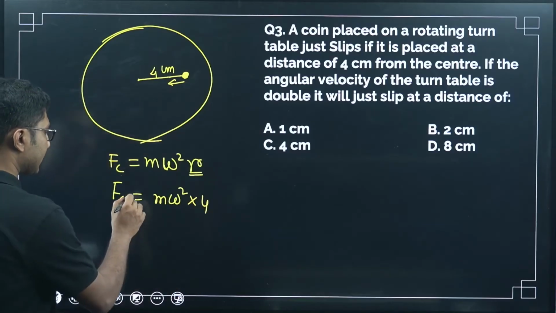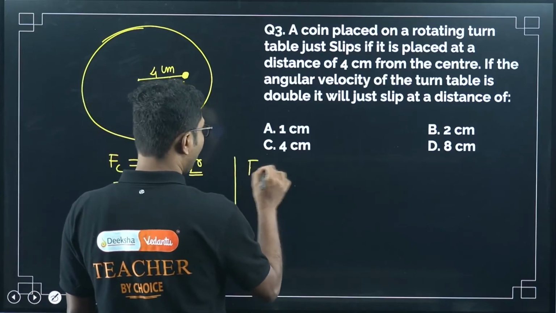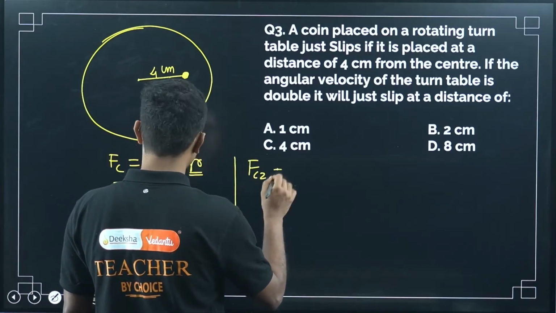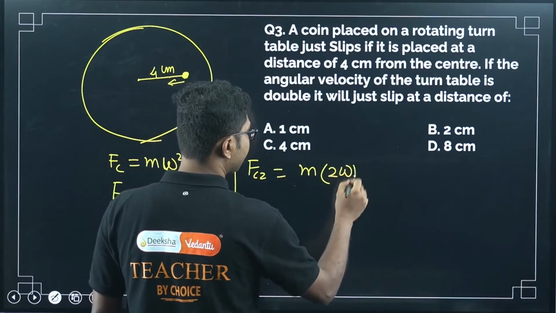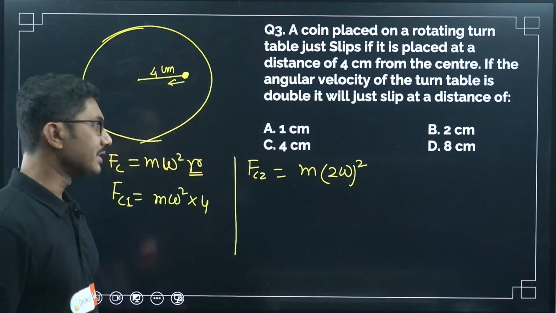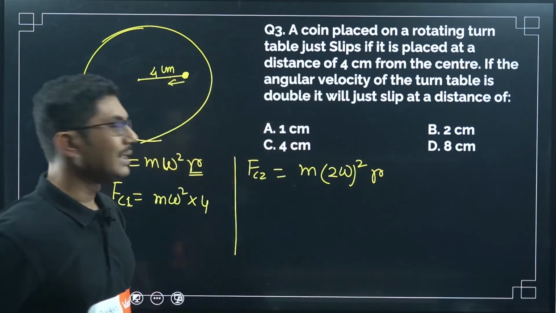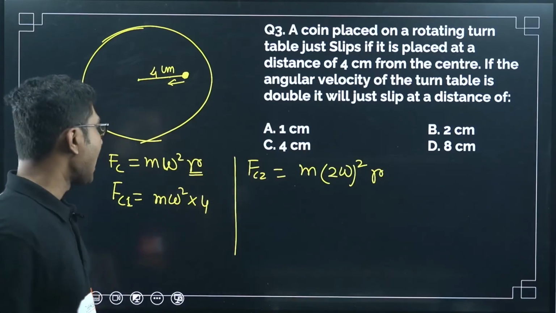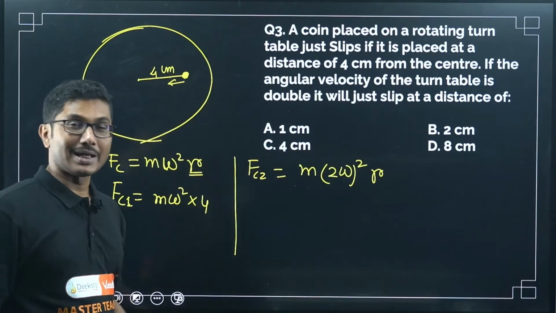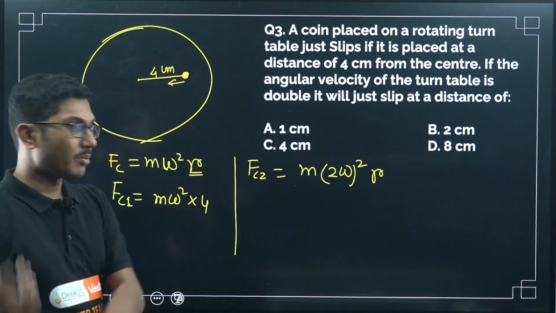This is the first case, Fc1. Now in the second case, Fc2, you have doubled the angular velocity, and now you are trying to find at what r it will be in a static condition. So this condition should be followed, m v square by r, or m omega square r. If you are applying m omega square r, the problem is easier.